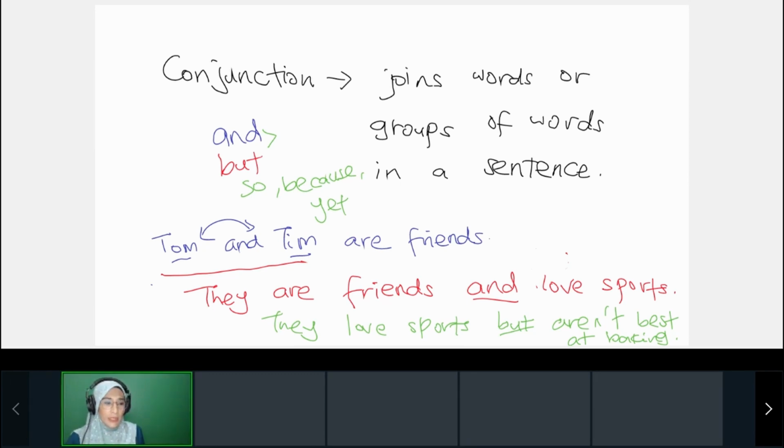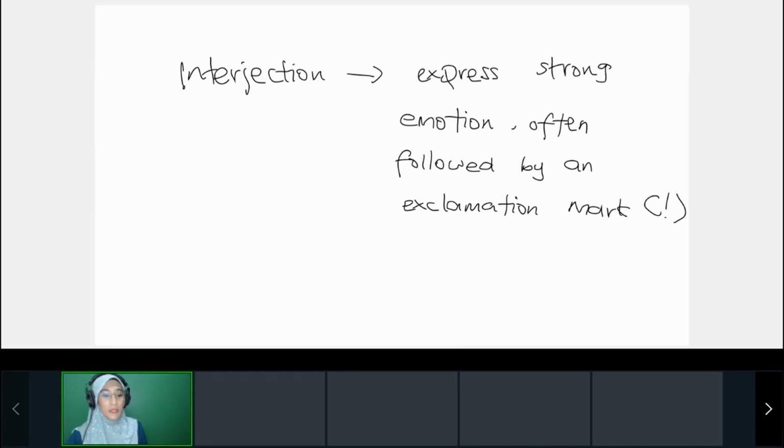And last but not least, the most fun is what we use when we are excited or when we are feeling over the moon about something. This is what we call interjection. Interjections express strong emotion and they often follow an exclamation mark.